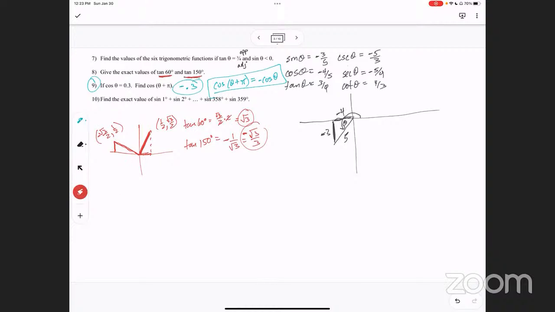For this last one here, this looks like fun. Find the exact value of the sum of all of those things. I feel like there's a trig property that says that it's just equal to zero.